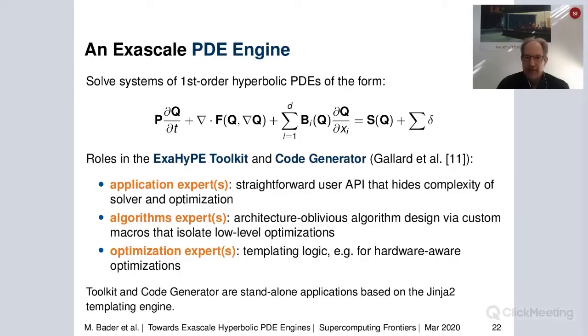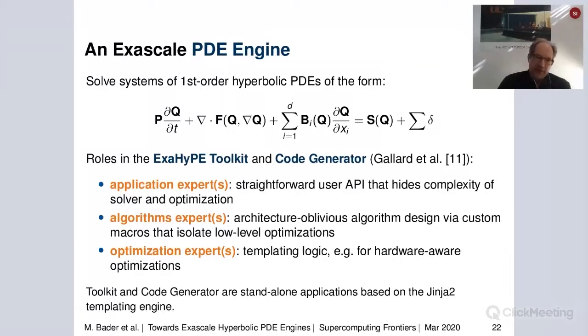This basically provides 3 levels of abstraction. Application experts rely on an API where you need to implement the flux functions F, the non-conservative fluxes B, the source terms S of the PDE, and so on.